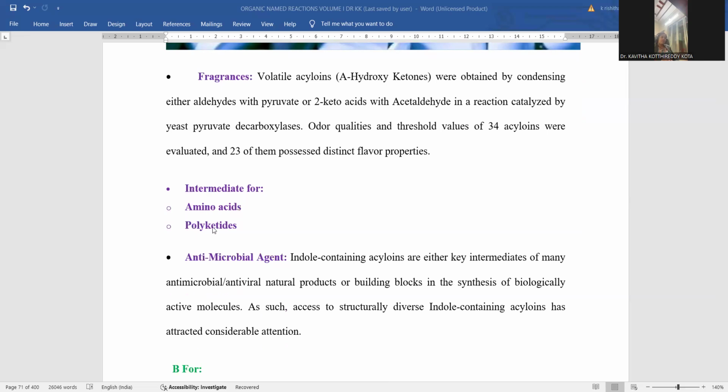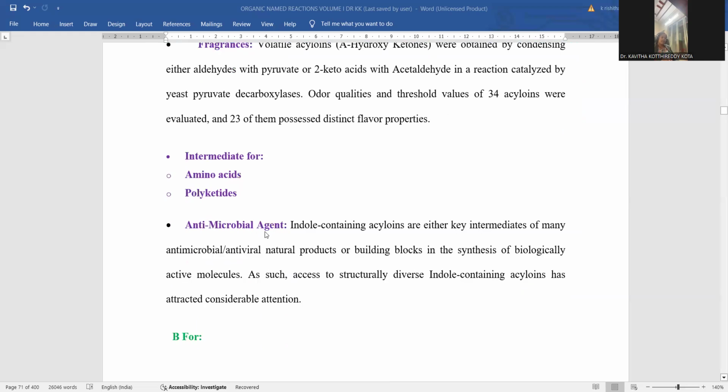So these kinds of compounds are generated starting with the acyloins. Antimicrobial: they have inhibitory activity towards the microorganisms which induce various diseases, like bacteria, virus, algae, fungi, protozoan, etc. Indole containing acyloins are either key intermediates of many antimicrobial, antiviral natural products, or building blocks for synthesis of biologically active molecules.